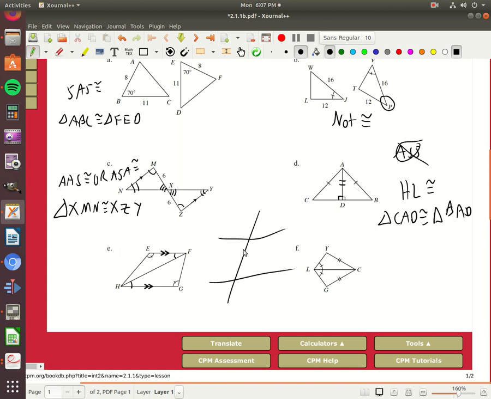These ones are going to be alternate interior angles. But if we did something like this, this whole thing would be alternate interior to this whole thing, but this little chunk wouldn't necessarily be to this one. If I extend this, the double angle is alternate interior, but just this little chunk of it isn't necessarily to this little chunk of it. I hope I didn't make this worse for you.